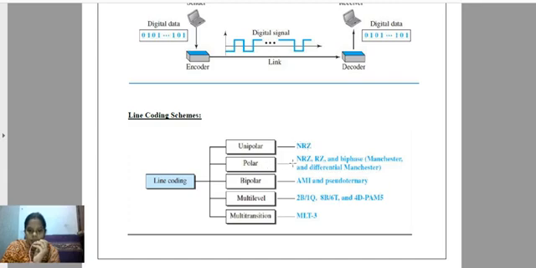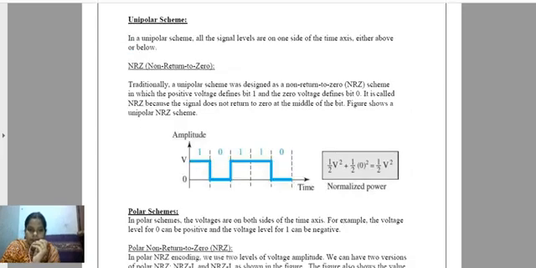In polar we have non-return to zero, return to zero, and biphase. In bipolar we have AMI and pseudo ternary, and in multi-level 2B1Q, 8B6T, and 4D-PAM5. In multi-transition we have MLT-3. We will discuss one technique at a time.